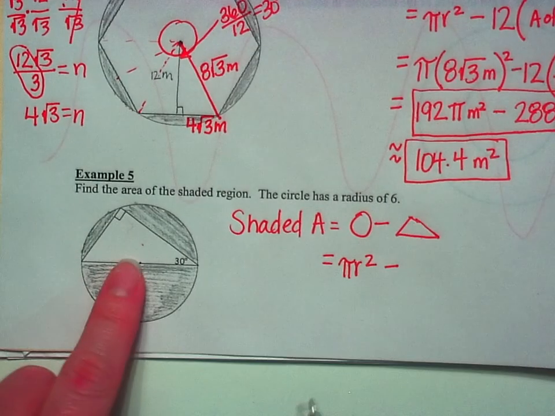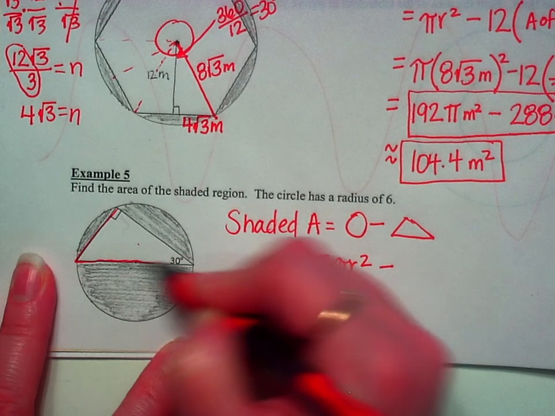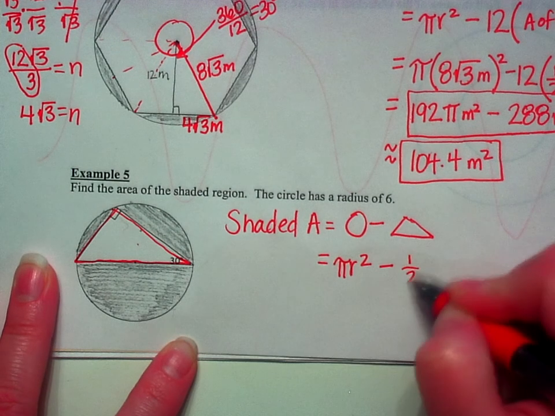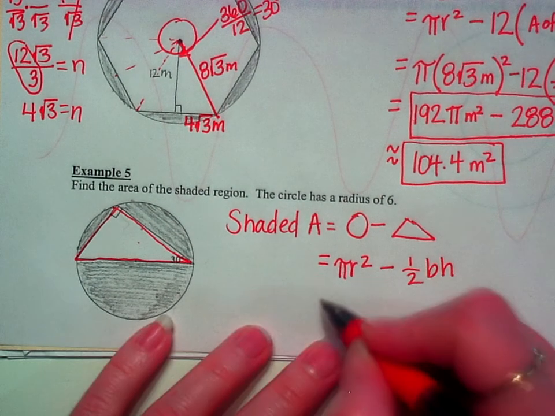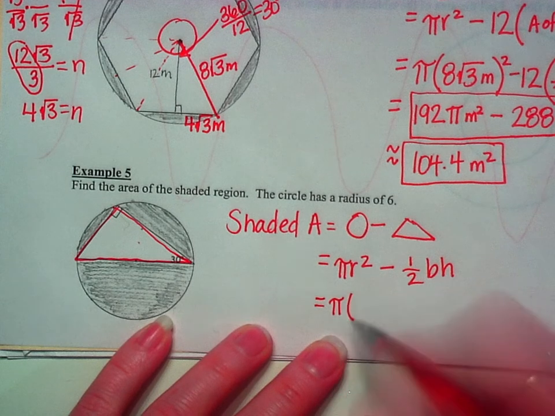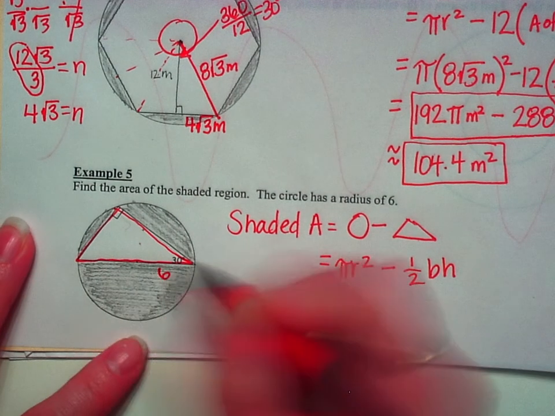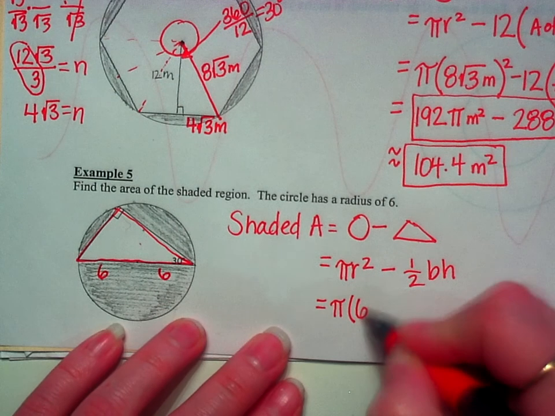So all I'm going to do is find the area of this triangle by doing 1/2 base times height. It says that the circle has a radius of 6. So this radius is 6 and this radius is 6. So plug in 6.